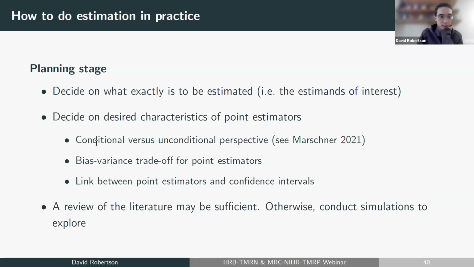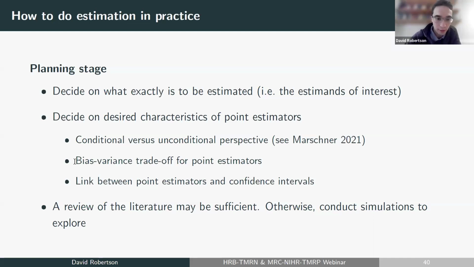I mentioned earlier that this question of conditional versus unconditional perspective can be tricky. There's a really nice paper by Ian Marschner in Statistical Science, published in 2021, which I reference at the end, which has a nice discussion and framework for looking at this question. So I won't go into that more now.